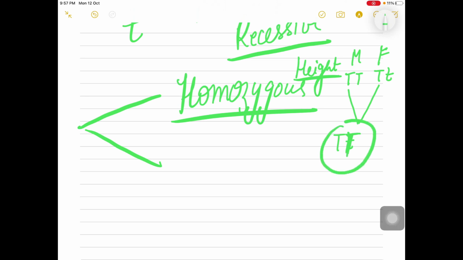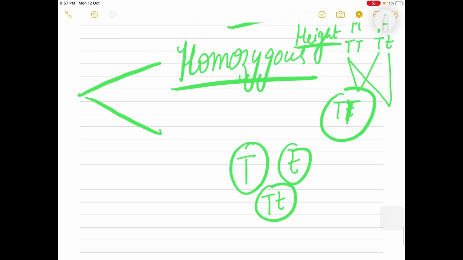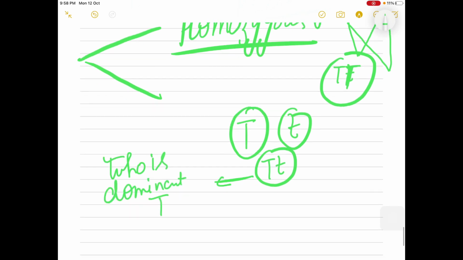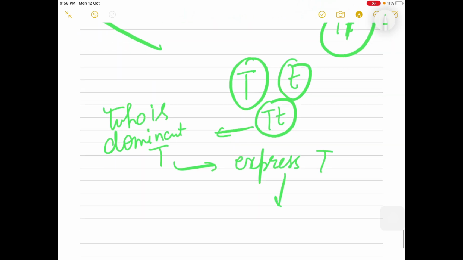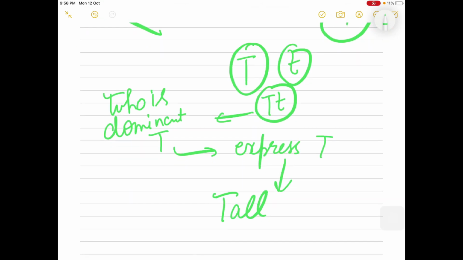There is a possibility that mother gives capital T, father gives small t. Now the child will be capital T, small t. But who is dominant in this case? Capital T. So who will express? Capital T will express. The child's height will be tall or dwarf? Tall. Definitely it will be tall.